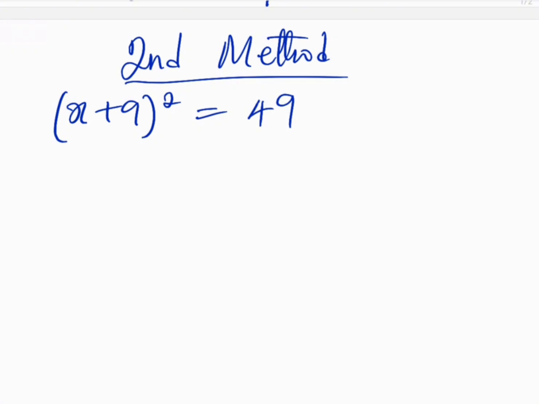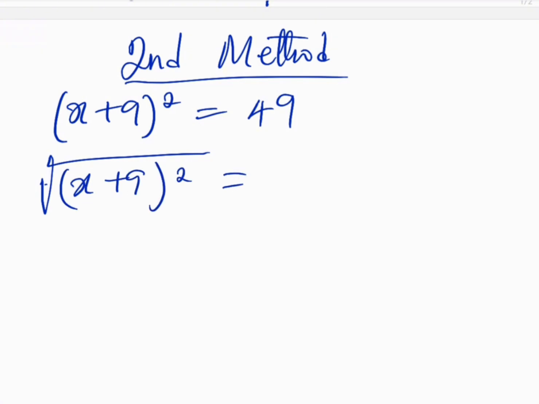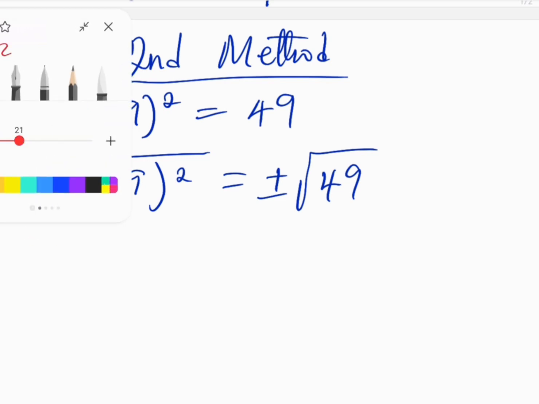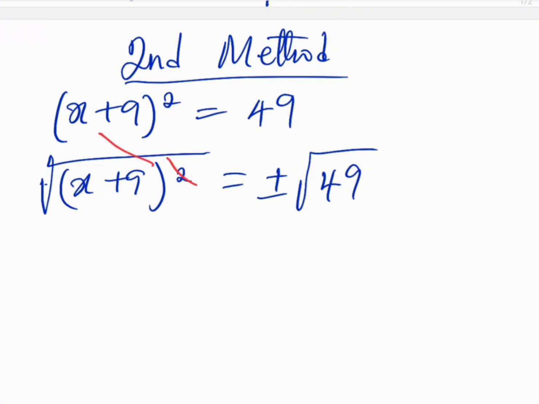Now, in solving equations, anytime you have a power of 2, you can take the square root of both sides in order to clear the power of 2. So we take the square root of both sides, and we will have x + 9 equals, as you're taking the square root of the right hand side, plus or minus the square root of 49. Remember, the square root cancels the square.